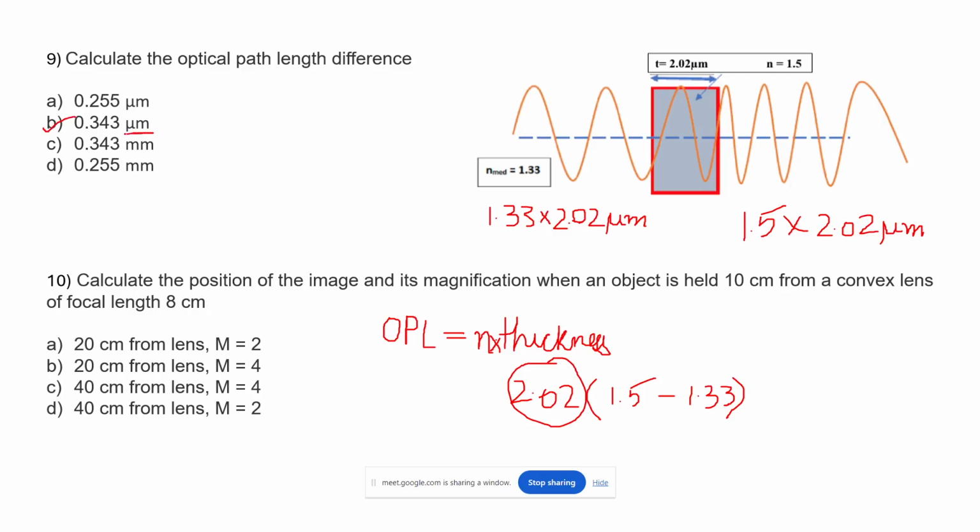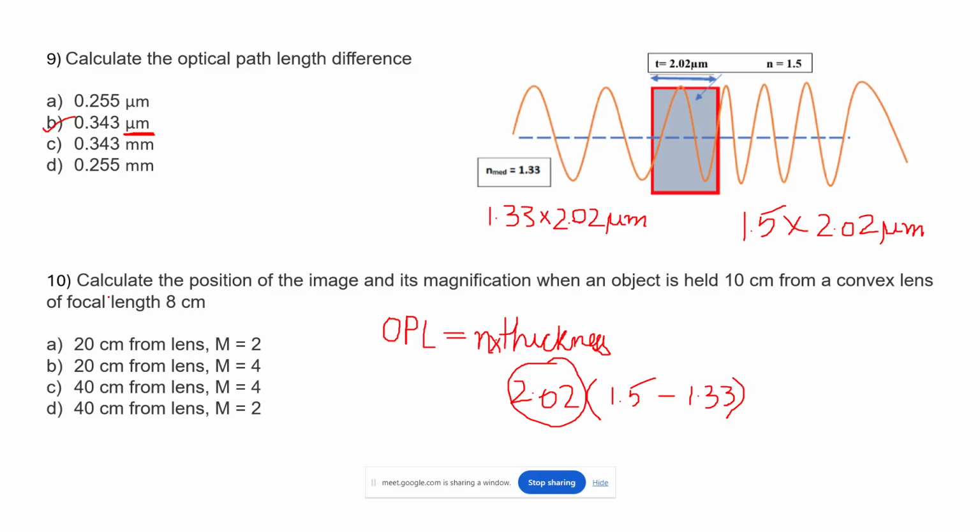Just always remember these units, never get confused. If the units are very different, then first convert the units to the same unit, and only then proceed with your numerical part. So is this question clear to everyone?